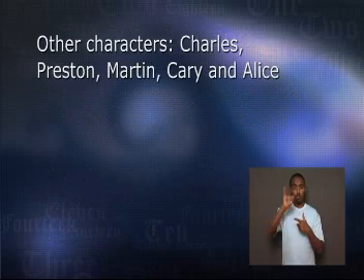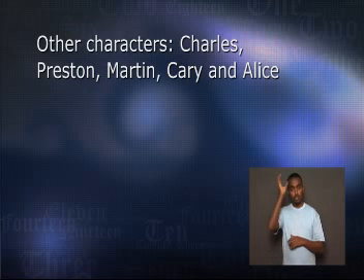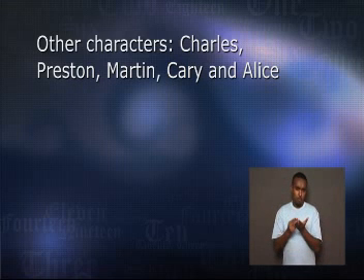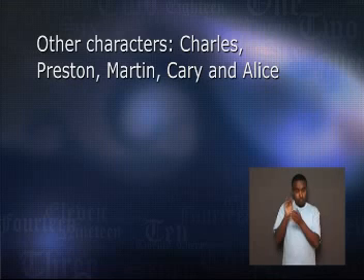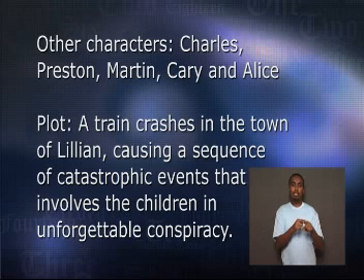Joe gets together with his friends, Charles, Preston, Martin, Carrie, and Alice, to shoot a low-budget film for a school project. However, at the site where they decide to shoot the scene, a terrible train crash occurs, which begins a series of catastrophic events that involves the children in an unforgettable conspiracy.